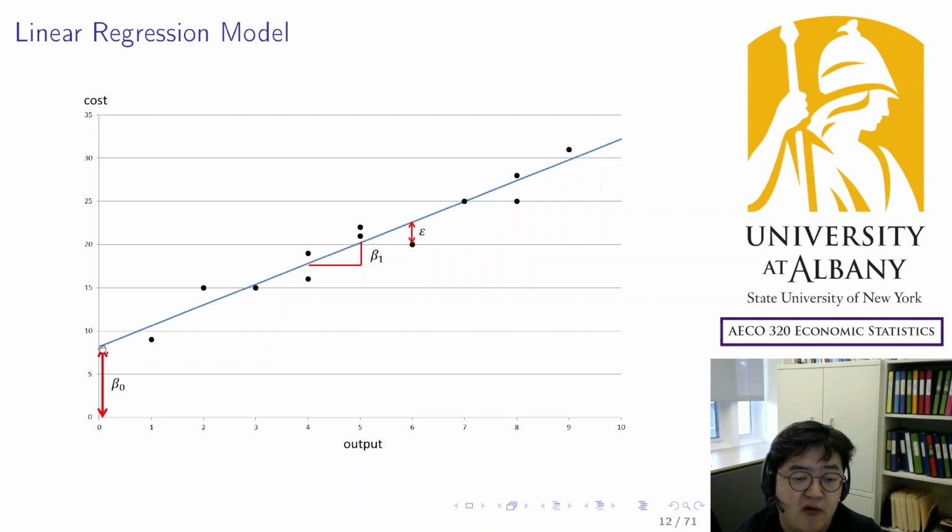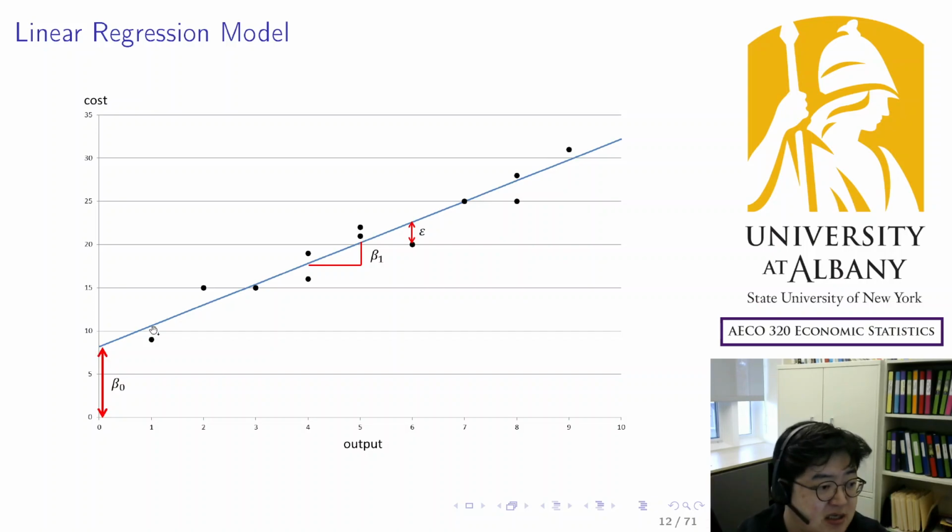So here, the point where the trend line crosses the vertical axis is the intercept. So even when output is 0, even if you do not produce anything, still you have to pay this much, like electricity, water bill, utility bill, or wages.